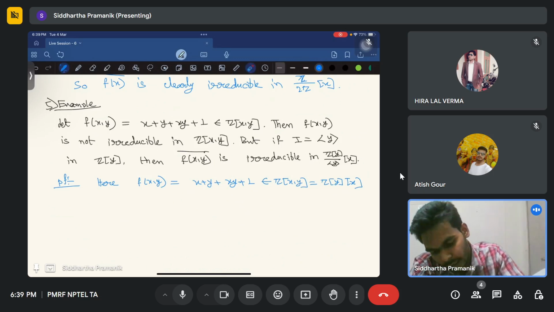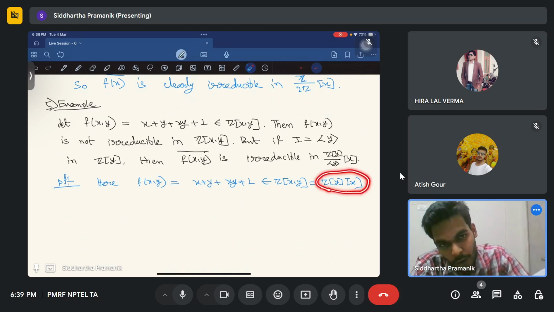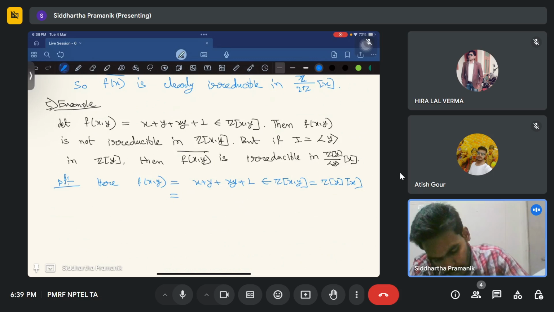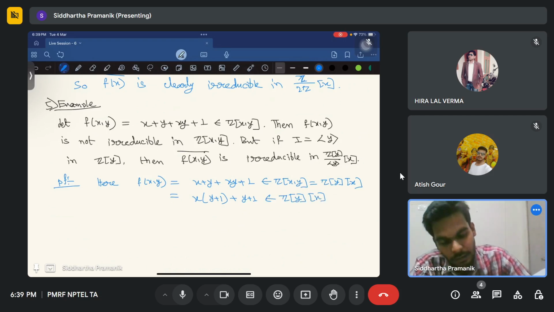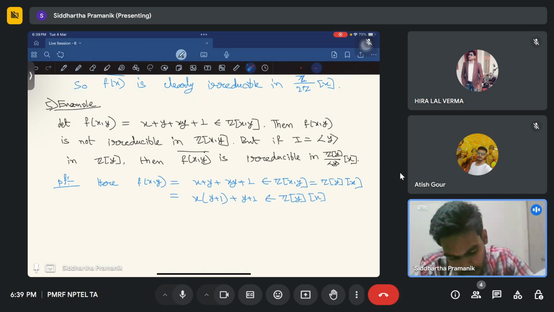So if you write it as a polynomial in this ring, how will it look? You can take x common, then it is (y + 1) and again (y + 1). So it is a polynomial in Z[y][x], right? And what is the leading coefficient? It is y + 1.